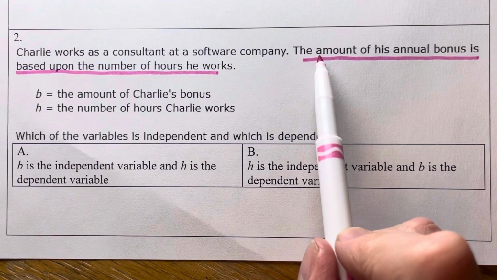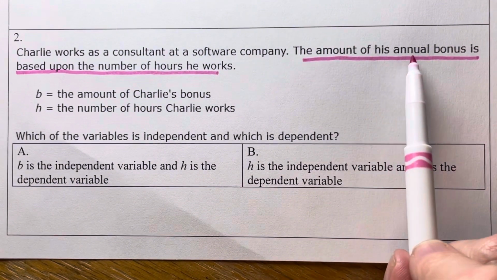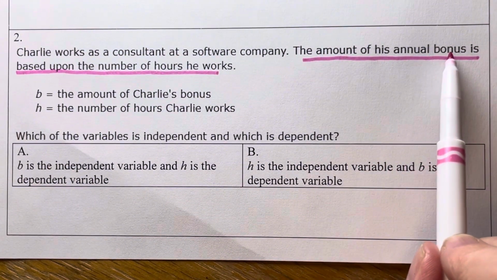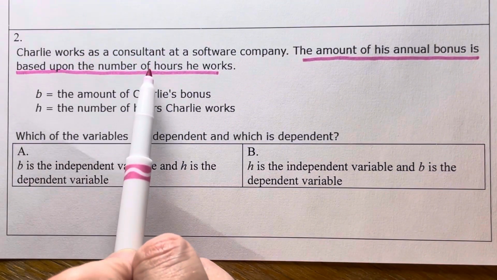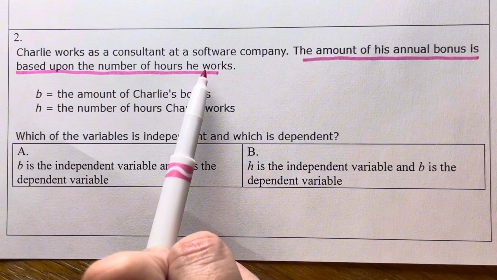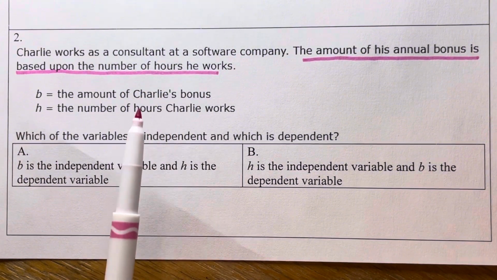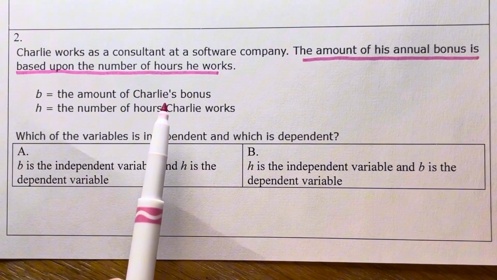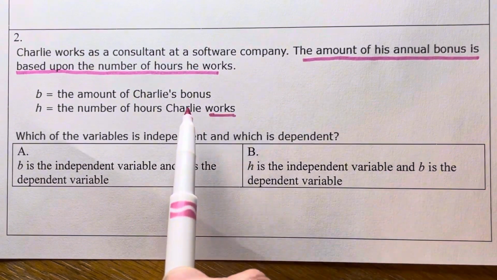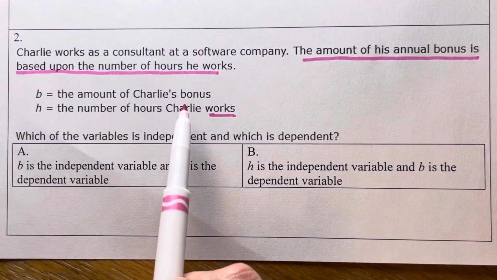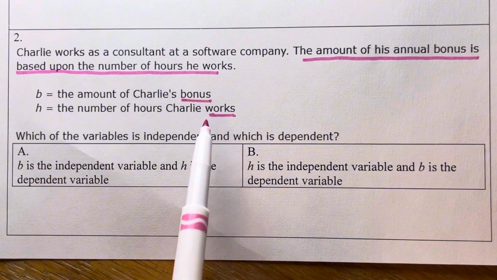So we can look at this and say the amount of his annual bonus, money, is based upon the hours that he works. Okay, so we know about relationships between money and work. So does work make money happen, or does money make work happen?